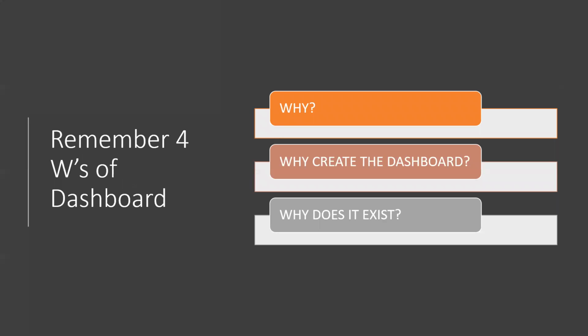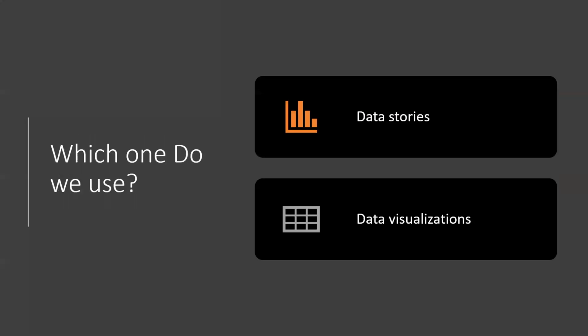So remember the 4 Ws of dashboard. We discussed them in our first class. What were the 4 Ws? The 4 Ws of a good dashboard were who, what, where, and why. If we get that information, then we can decide whether we need data stories or data visualizations.